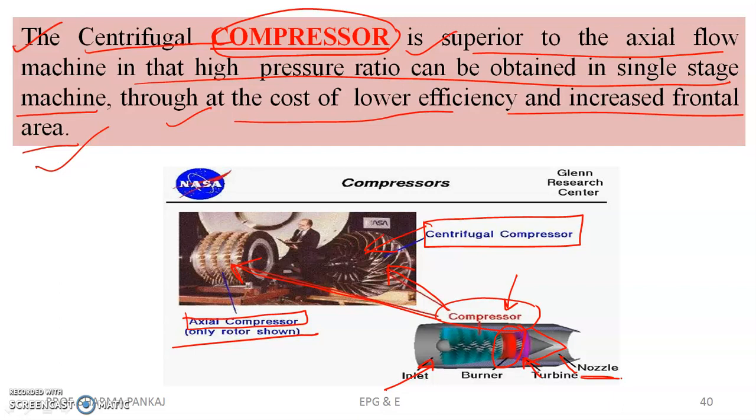We have seen the basic principle of gas turbine power plants and the schematic diagram. We have seen the compressor and the turbine, with the combustion chamber in between, how the combustion chamber functions, and that the turbine is not self-starting.